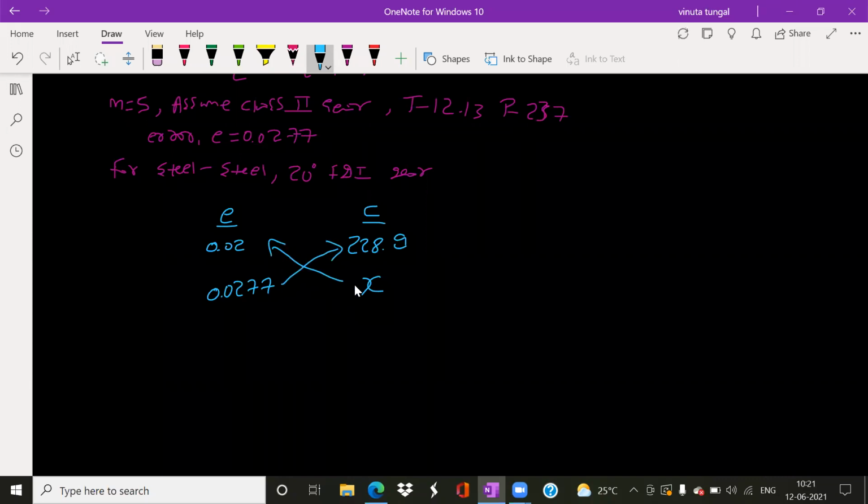From this, you are going to get the value of X. Therefore, 0.0277 multiplied by 228.9 is equal to X into 0.02. I will take this X to the right hand side, it will go to the denominator, it is 0.02. From this, you are going to get the dynamic factor. How much is the value?